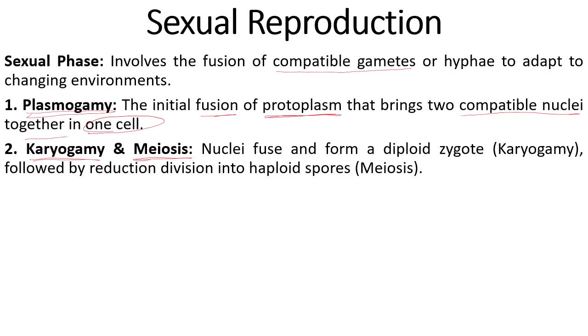Then karyogamy. The word karyogamy means nuclear fusion, and the nuclear fusion takes place, and thus there is a formation of a diploid structure. In the third stage, this undergoes meiosis, and the diploid spores convert into haploid spores in the process of meiosis. And these haploid spores infect and grow further.